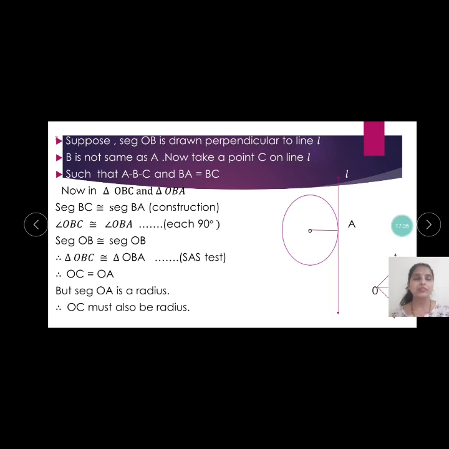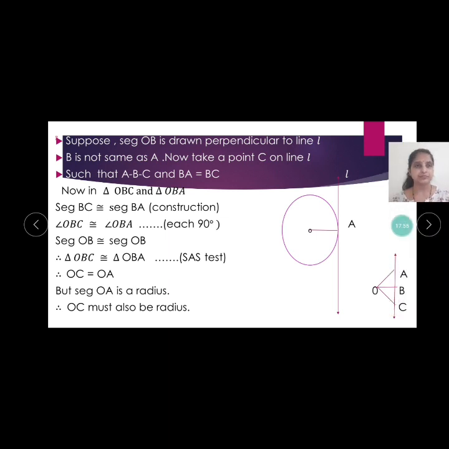So on that particular line, OB is drawn perpendicular to the line L. Now here B and A are not the same. They are different points. Now take another point, C, on the line L, such that A, B, C are collinear, B lies between A and C, and BA is equal to BC.